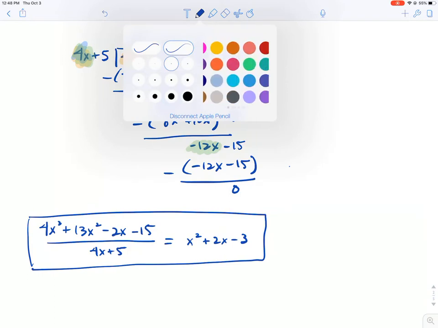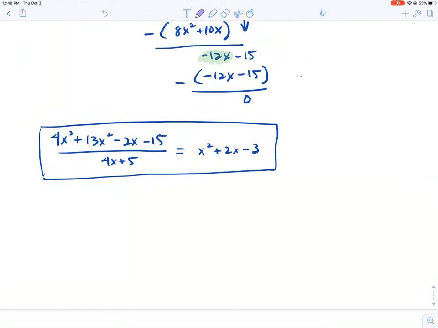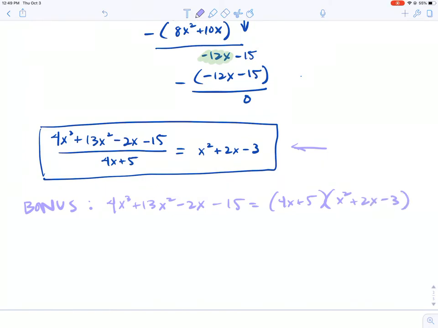Just as a little bit of a bonus, or thinking towards what we're going to be doing later in this chapter, if we were to multiply both sides of this equation by 4x plus 5, wouldn't we get 4x cubed plus 13x squared minus 2x minus 15 is equal to 4x plus 5 times x squared plus 2x minus 3?